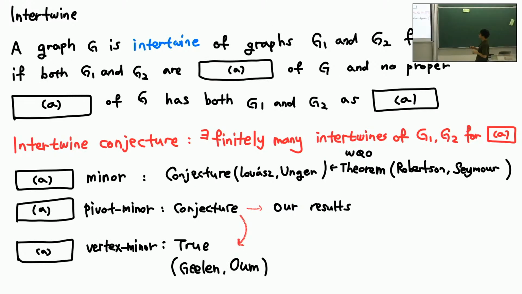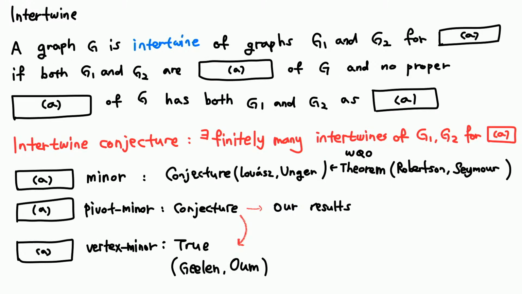So now let me introduce another motivation, the intertwine and the intertwine conjecture. Here the relation can be some relation between two graphs, and let me start with the case when it is the minor.